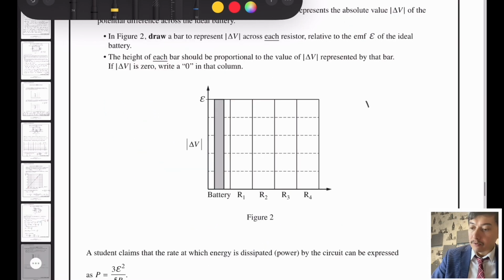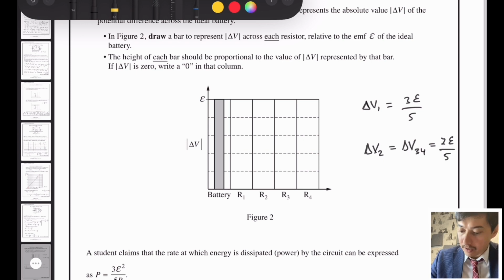We already know that delta V1 is equal to 3 epsilon over 5, and delta V2 is equal to delta V3,4 combined, 2 epsilon over 5. So let's start with R1. It's going to be 3 over 5 epsilon. R2, 2 over 5 epsilon.